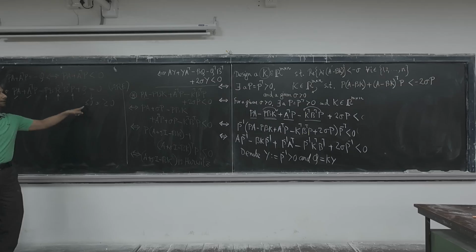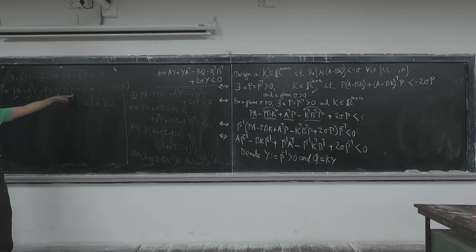But suppose you readily convert it like that, then presently what is the situation? Is it a linear matrix inequality? It's not, right? Because here you have the coupling of two nonlinear terms. But the only thing is that it has a particular pattern.